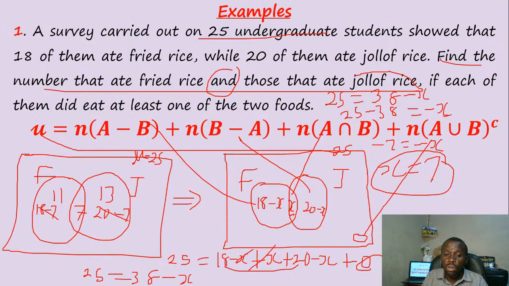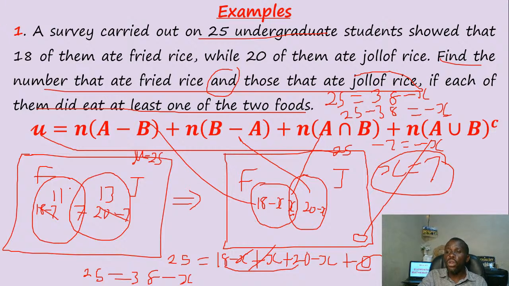So 7 of them ate both jollof rice and fried rice. Now, the second question says, if each of them did eat at least one of the 2 foods. It's just that it's under that condition.